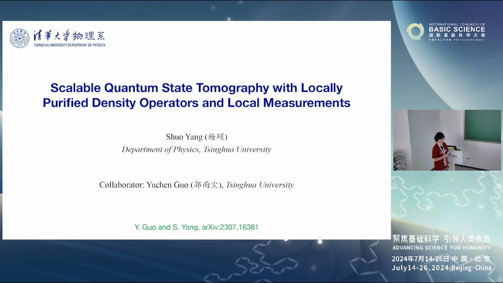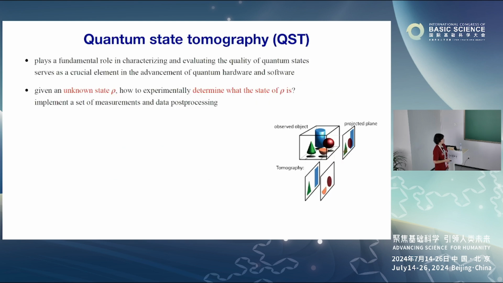And I will show the first application: scalable quantum state tomography with locally purified density operators and local measurements. The problem we want to solve is quantum state tomography. This idea is very important in characterizing and evaluating the quality of quantum states.